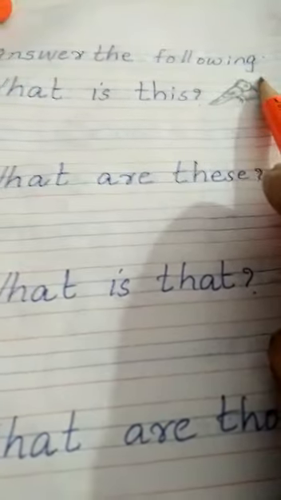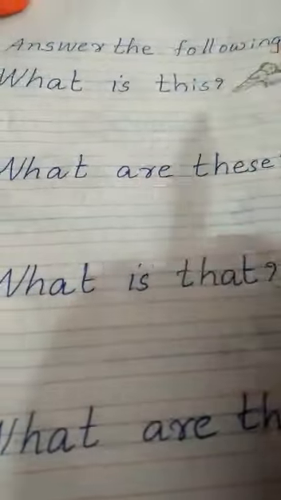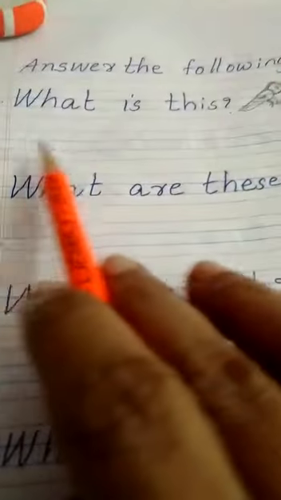I had prepared some more exercise for you. This one is in question answer form. You have to write yourself now. Answer the following. What is this? By seeing the picture, you have to write the answer.